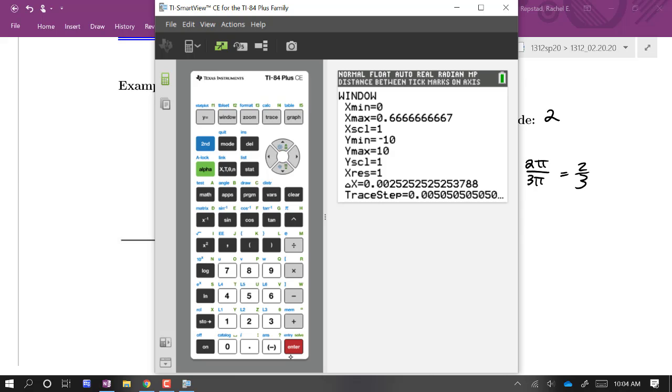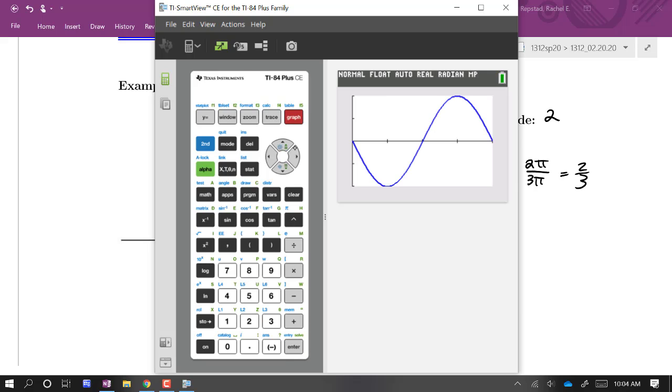Like when we cut up our period into quarters, I want to use that 1/6, that first quarter, as my scale. 1/6. Y min and Y max, so -2 to 2. And now if we look, that's a perfect fit. And that's how I can tell. There's my confirmation that I've got it.